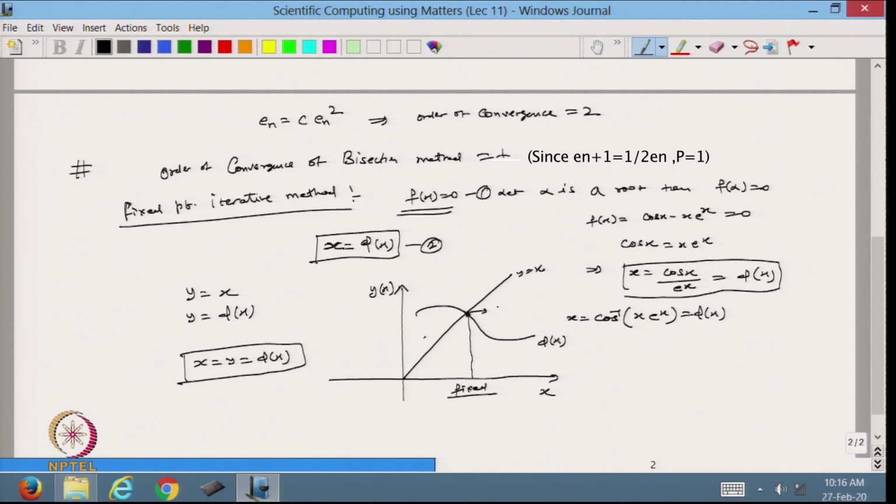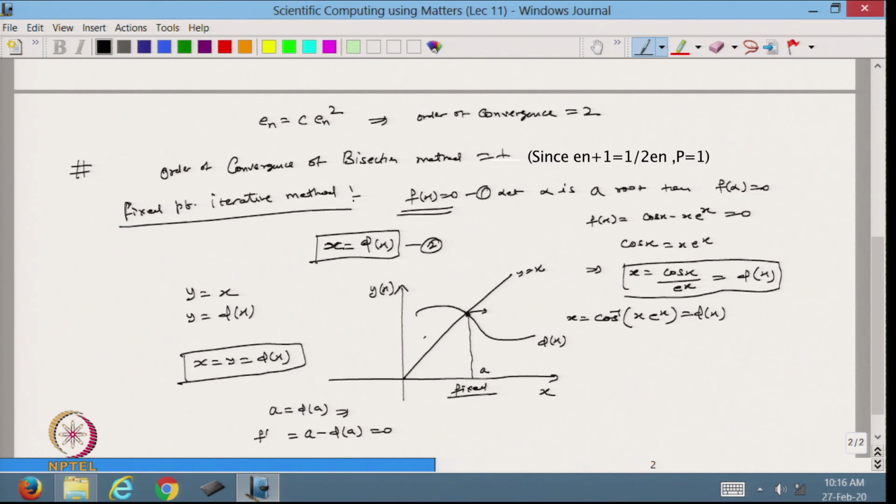Suppose this value is, maybe I will call it a. So from here you can see that a will be phi a, and from here I can write a minus phi a will be 0. And what is this?